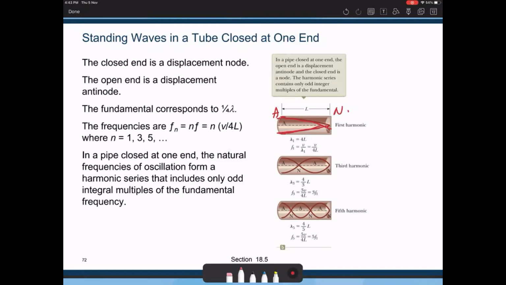The distance between the antinode and the node is lambda over 4, and that is equal to L. So F1 is equal to V over lambda 1, and that is equal to V over 4L.